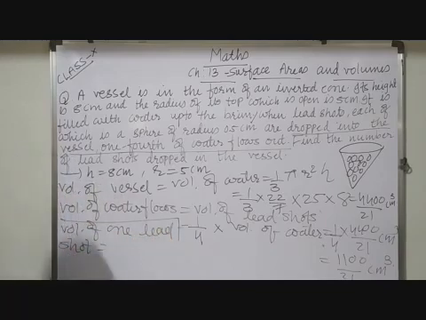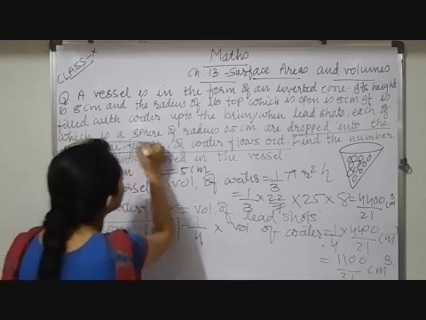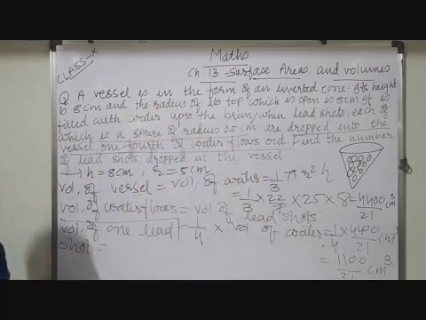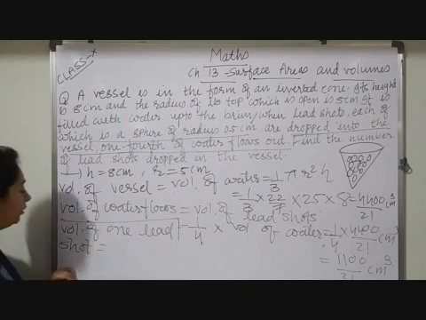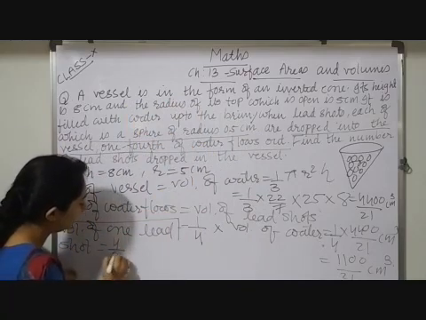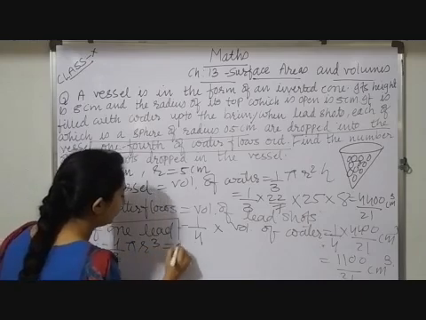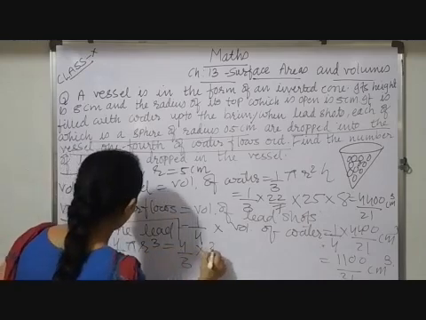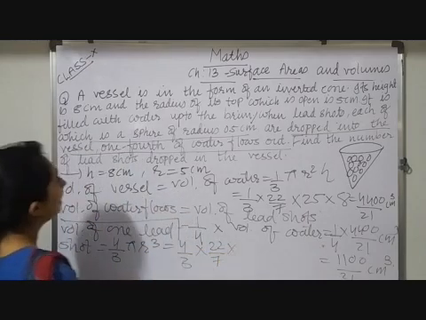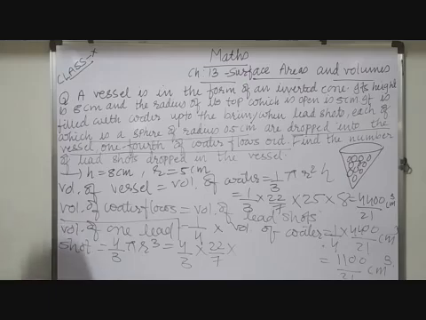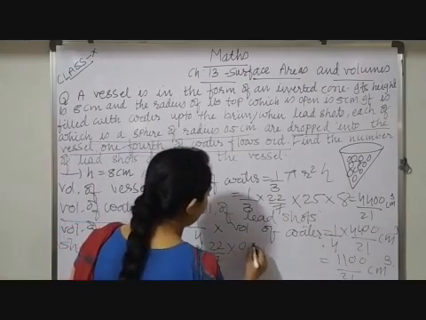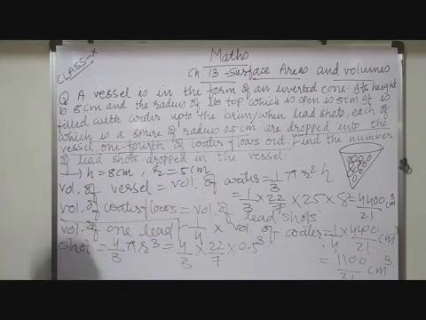They specified it is a sphere of radius 0.5. So it has a spherical shape, and the volume of a sphere is 4 by 3 pi r cube. So 4 by 3, value of pi 22 by 7, and radius given 0.5 cube.